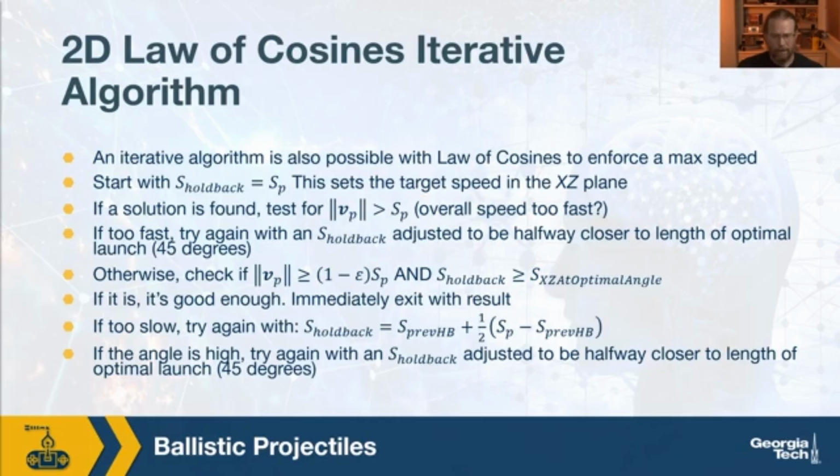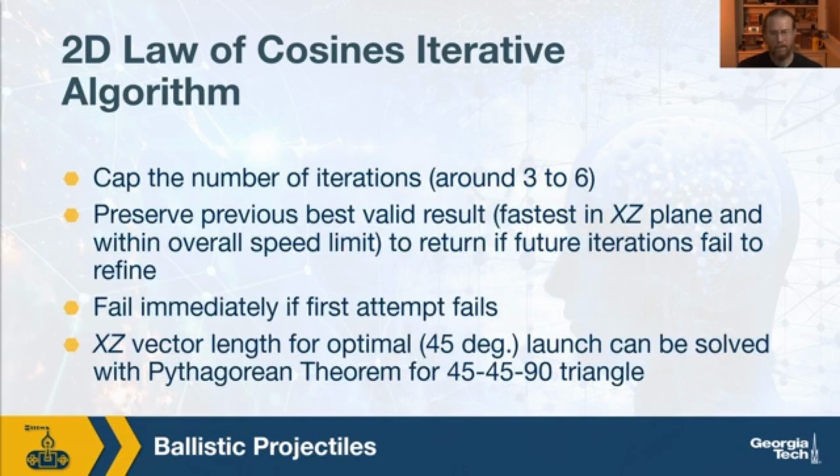So it probably sounds a little confusing, the description, and it is a little trickier, but it's not a lot more code in terms of implementation as compared to the static approach. Similarly, you want to cap the number of iterations, 3 to 6.